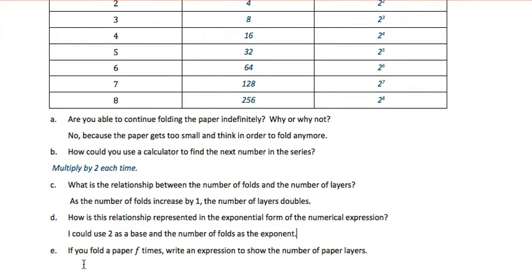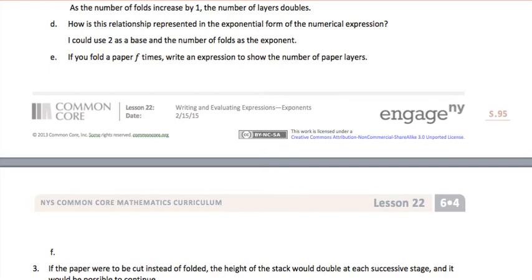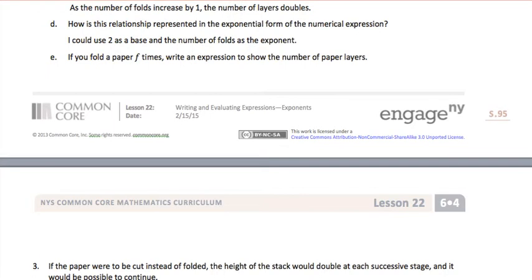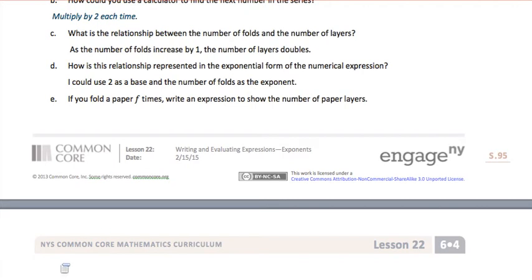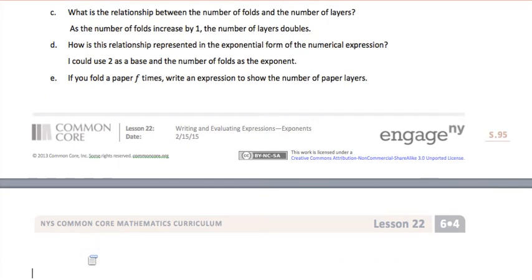So if you fold a paper F times, if you fold a paper F times, there would be 2 to the F power layers.